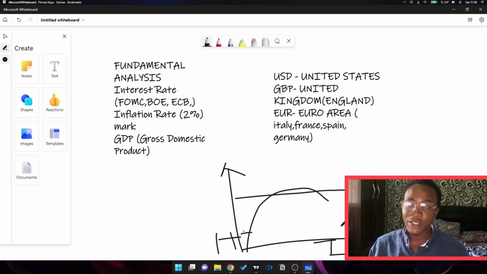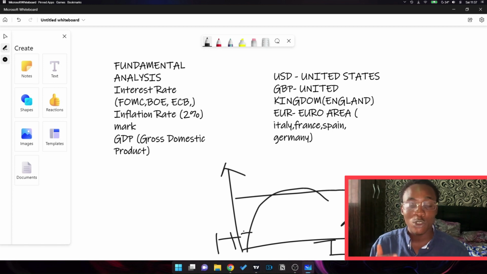For example, if the CPI data for USD, I'm using USD as the base currency right now as an example, is high and beats the forecast, I should be expecting a hike from the Fed in the next report, to hike their rate so that they can control this.